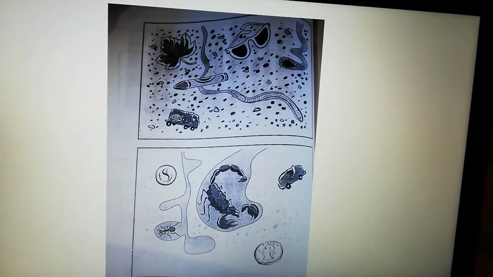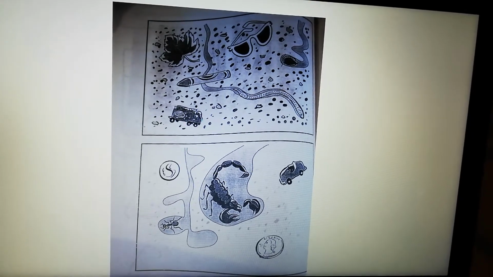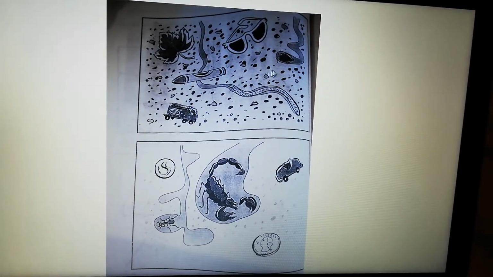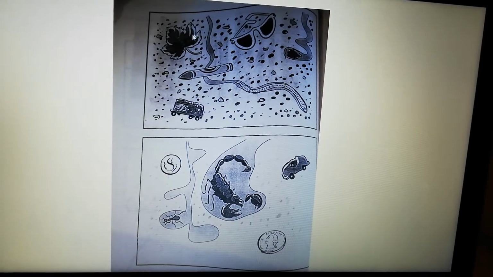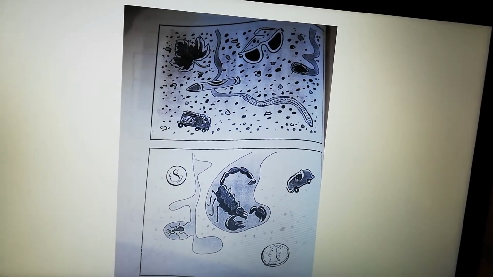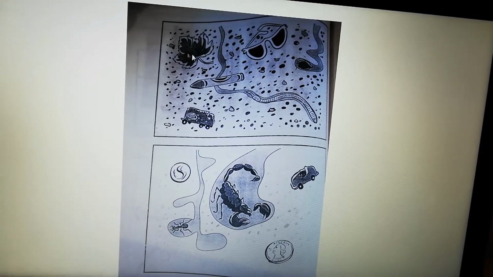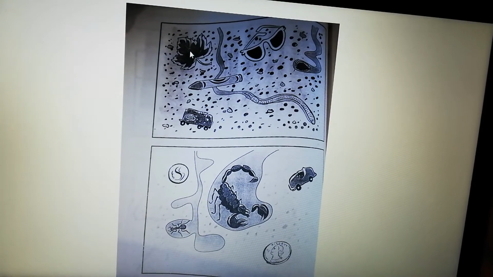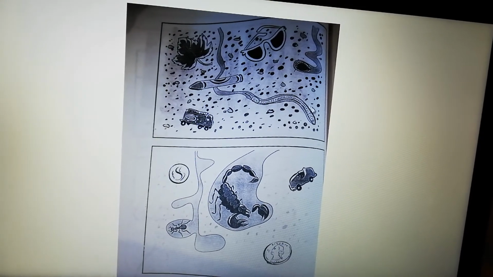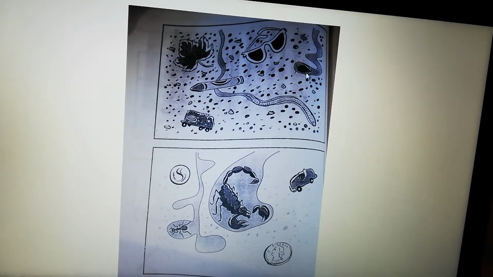Now again, this is a comparison between the soil of a forest and the soil of a desert. So the first picture is the soil of a forest. So what are the things that are found inside the soil of a forest? As we mentioned before, we find dead leaves. You find also earthworms and some insects.